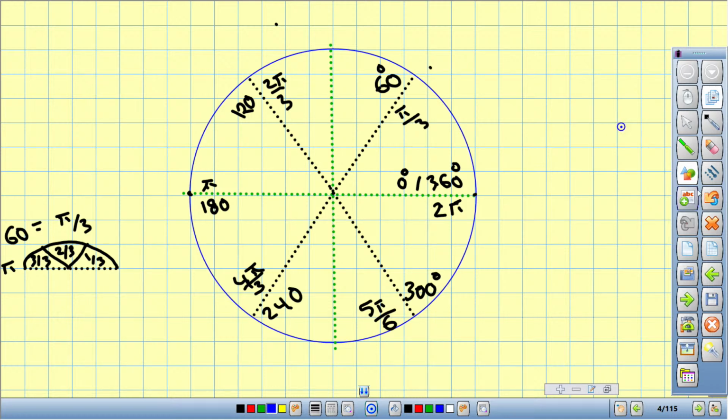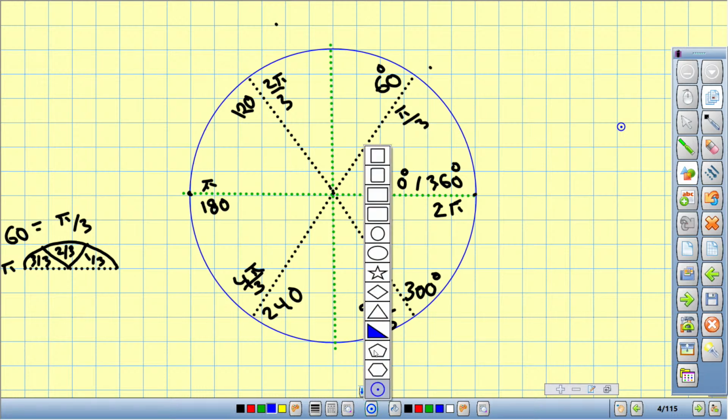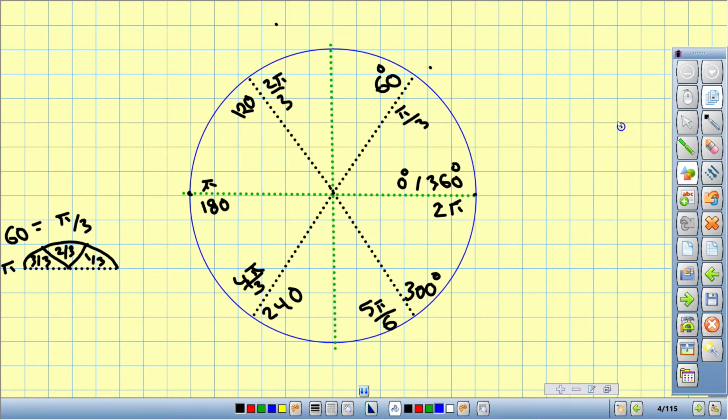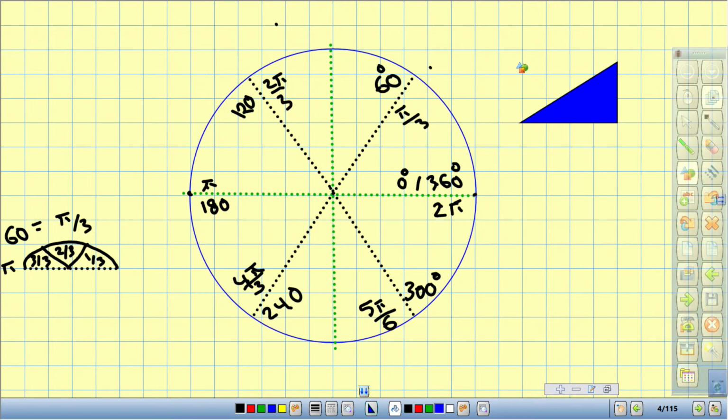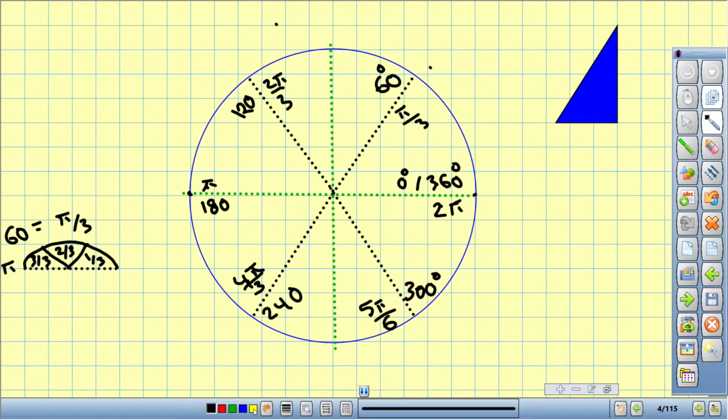I need a triangle down here. It will be something like this. That's very steep, yeah.